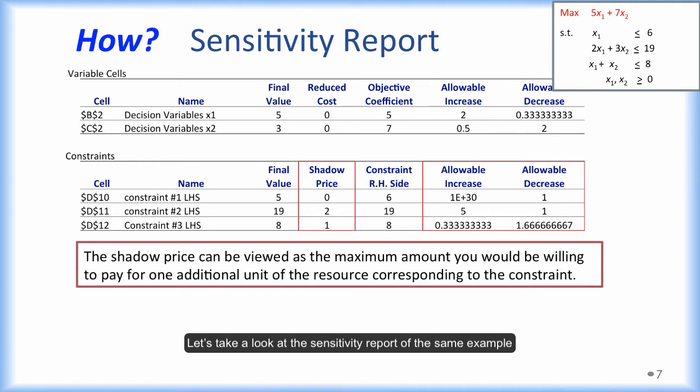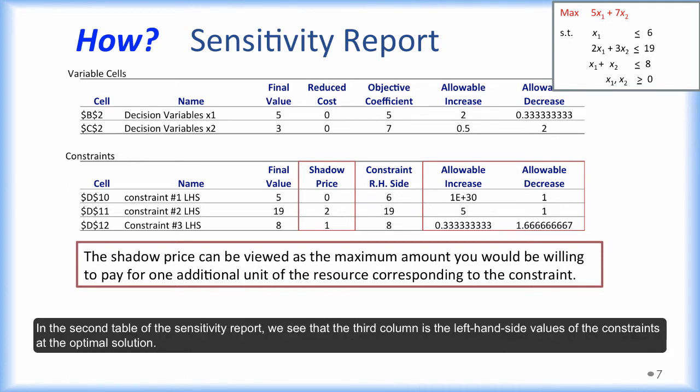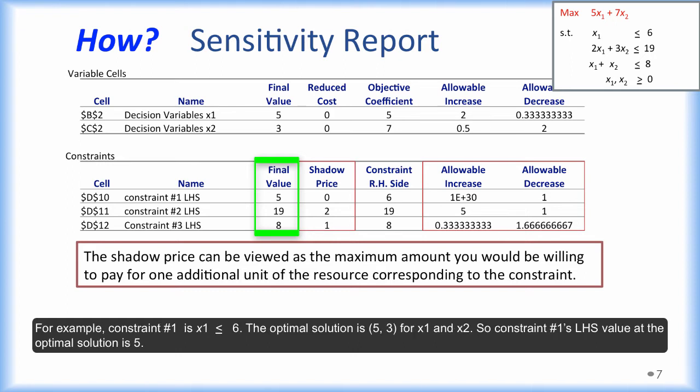Let's take a look at the sensitivity report for the same example. In the second table of the sensitivity report, we see that the third column is the left-hand side values of the constraint and the optimal solution. For example, constraint number 1 is x1 less than or equal to 6. The optimal solution is phi and 3 for x1 and x2.